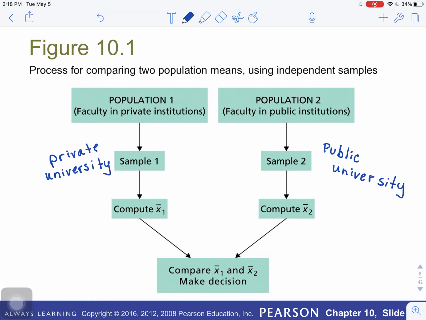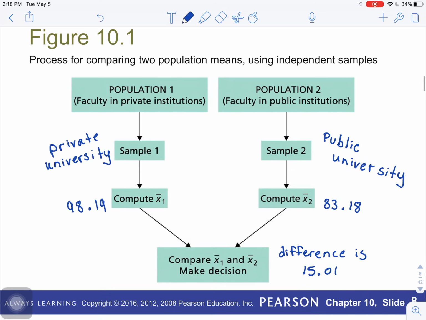We have our means. So again, our first sample mean is 98.19. Our second mean is 83.18. And when it says compare, we can actually say that the difference is 15.01. We're going to need that number for later on in our calculations.